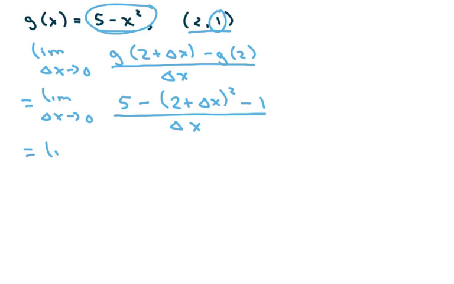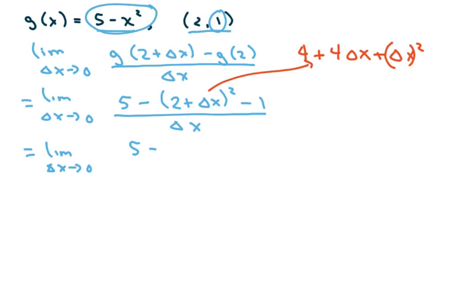So this is going to be 5 minus 4. If I FOIL this out here, this is 4 plus 4 delta x plus delta x squared. That's this piece. So it's 5 minus all of this. So everything turns negative. Minus 4 delta x minus delta x squared minus 1.